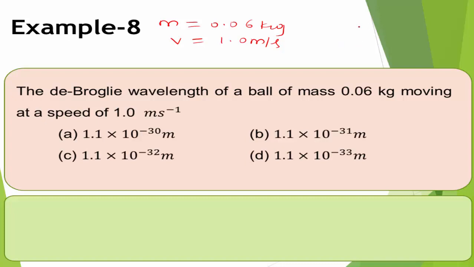It is a very simple problem. Lambda is equal to h divided by mv. Substitute the values. Lambda is equal to 6.6 into 10 to the power of minus 34 divided by m, that is 0.06.